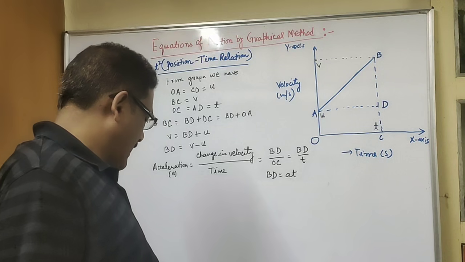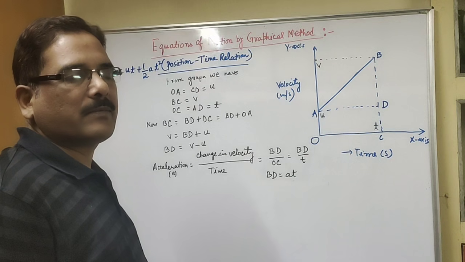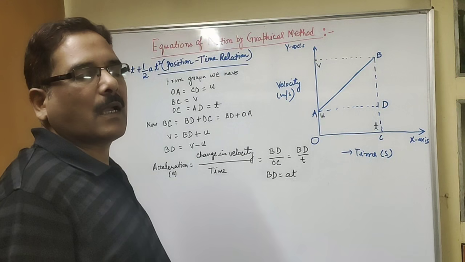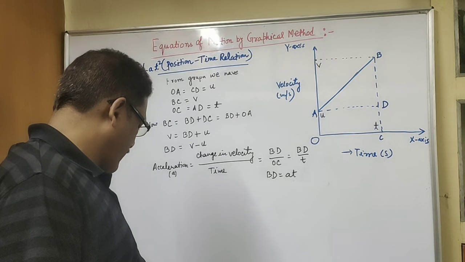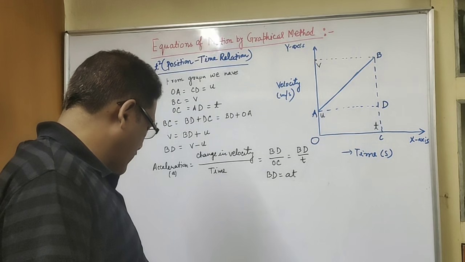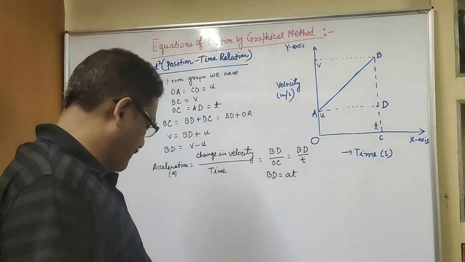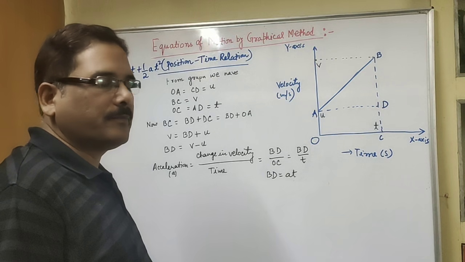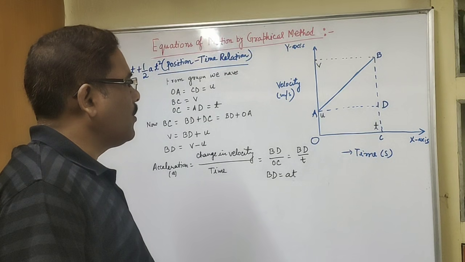Let us consider, write down, that the object has traveled a distance S in time T under uniform acceleration A. The distance traveled by the object can be obtained by calculating the area OABC.